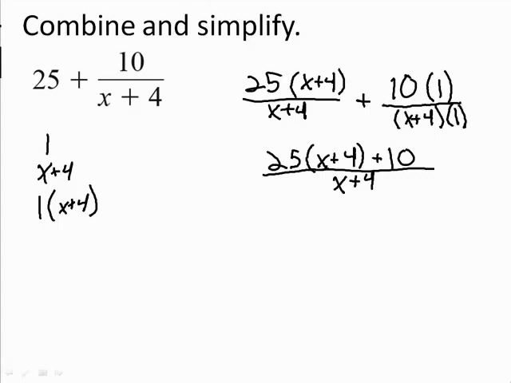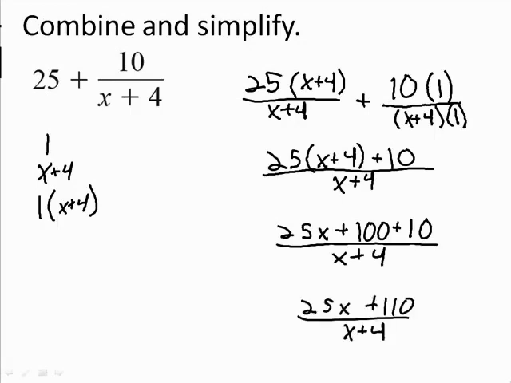Distribute the 25 to the x plus 4. 25x plus 100 plus 10 divided by x plus 4. Combine like terms. The simplified expression is 25x plus 110 divided by x plus 4.